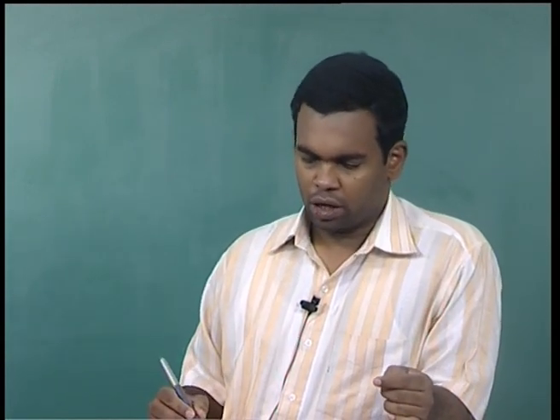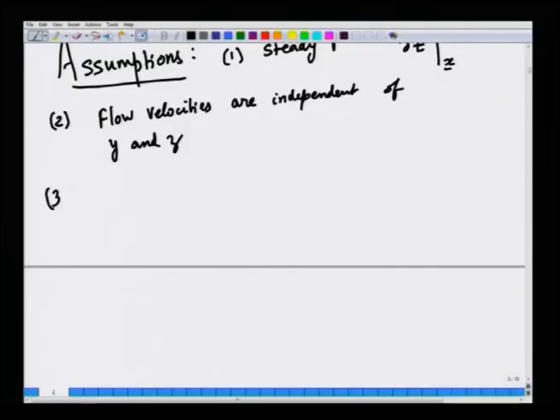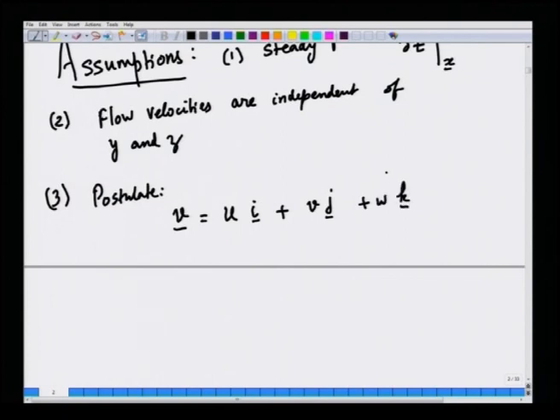Now, having said this, we will also postulate that, remember that the velocity is a vector, it has component u along the i direction, v along the j direction, plus w along the k direction. We are going to postulate that the only non-zero velocity is u, the other velocities are 0.